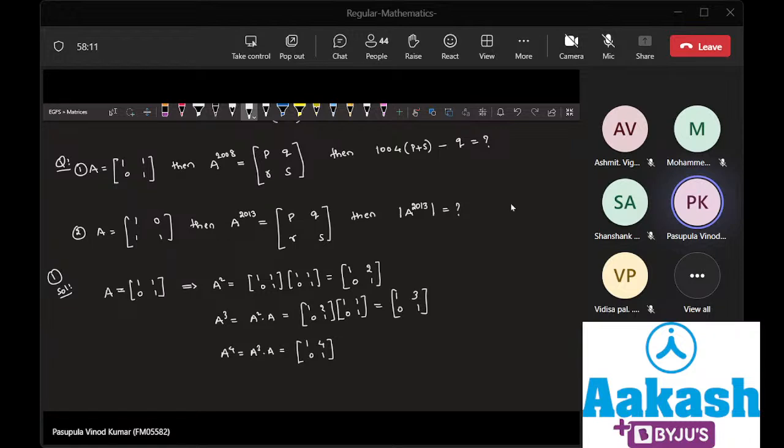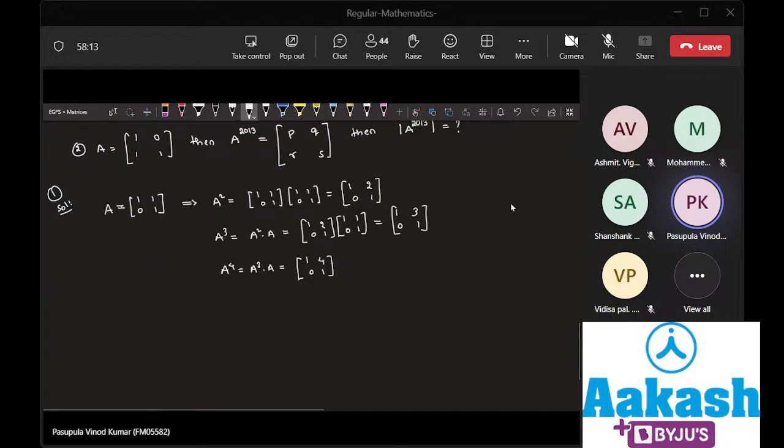So directly you need not do all the multiplications. By observing that pattern, can you say A power 2008 is equal to [1 2008; 0 1]? Yes or no? Yes, sir.